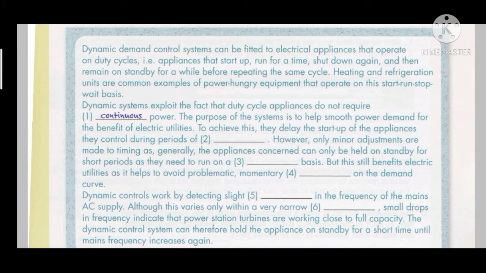So number 3 is continual basis, but this still benefits electric utilities as it helps to avoid problematic momentary blank on the demand curve. What is it? Momentary. What is momentary? It is the blips. Yes, momentary.